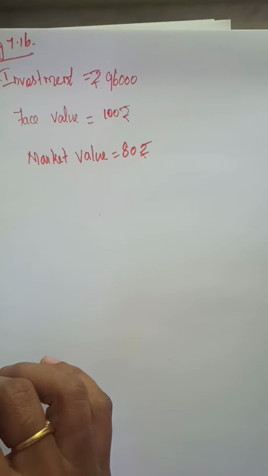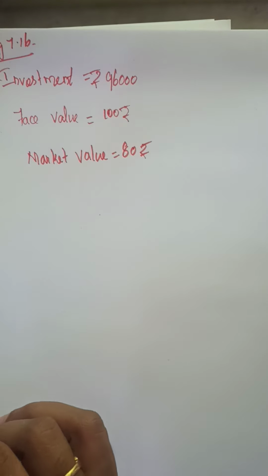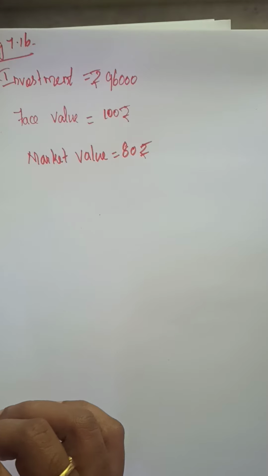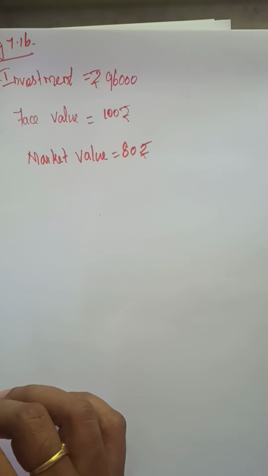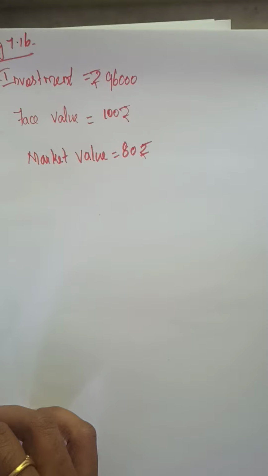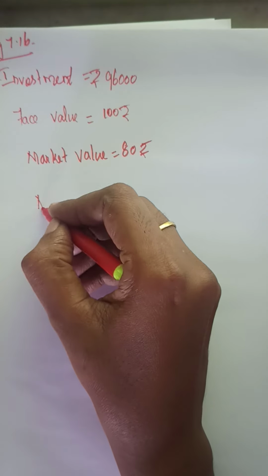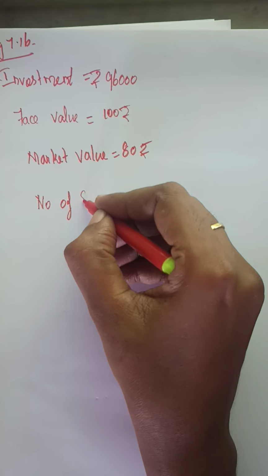So for the number of shares bought, we have learned the formula. What's the formula? Investment divided by market value of a share. Do you remember? Some useful result, last one, I have taught you. What's the formula for number of shares?